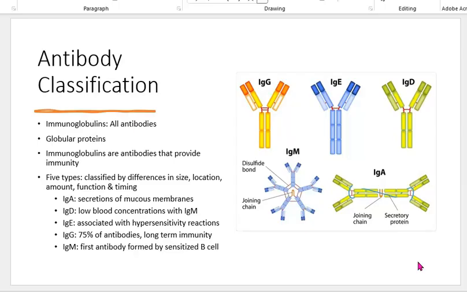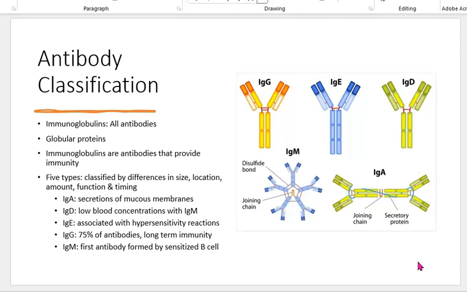If you turn to page 329 in your book, table 16.4 goes over these. You have IgA, which is in the upper and lower respiratory tract to prevent infections. Also can be found in the GI and GU tract. You have IgD, which has low blood concentration, in conjunction with IgM.